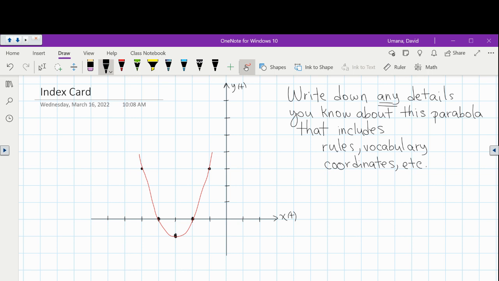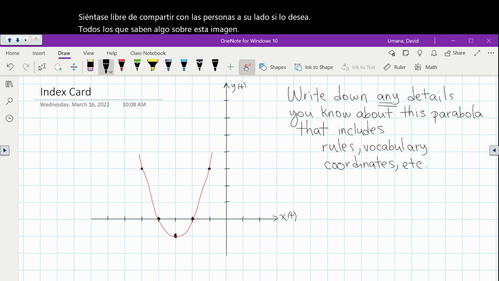Feel free to share with people next to you if you wish. But everybody should know something about this picture. There should be certain vocabulary words that should stand out automatically. What if you don't know? Just say what it is. I need to figure out where everybody is.